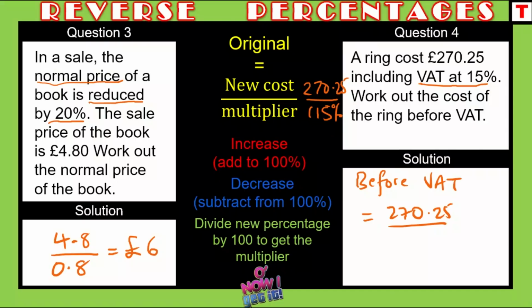So we're going to be dividing this by 100, which is just going to give us 1.15. And when we do this calculation, we should get £235. Okay, so therefore, for the cost of the ring before the VAT was added, it would have been £235.